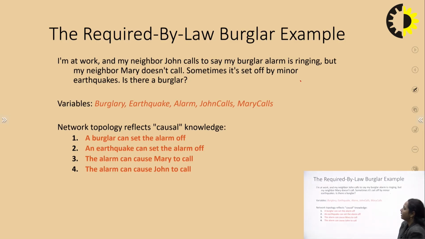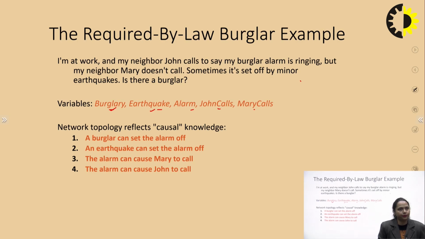So, what are the various variables used in this problem statement? They are Burglary, Earthquake, Alarm, John calls and Mary calls. The person who called me is John and who didn't call me is Mary. What rang? The alarm rang. Now, the alarm can ring for two reasons: one is burglary, that is, a thief is there, and another is a minor earthquake.